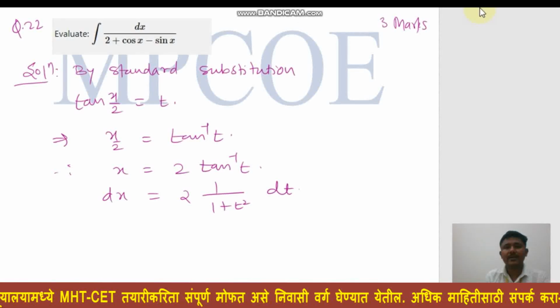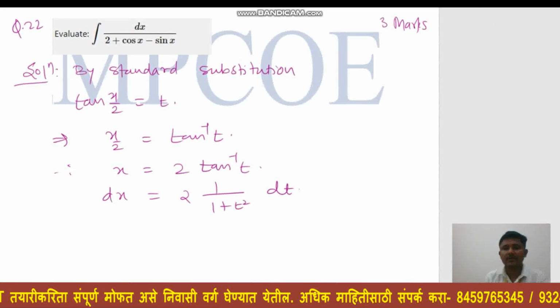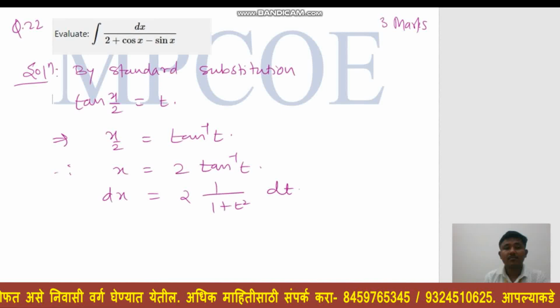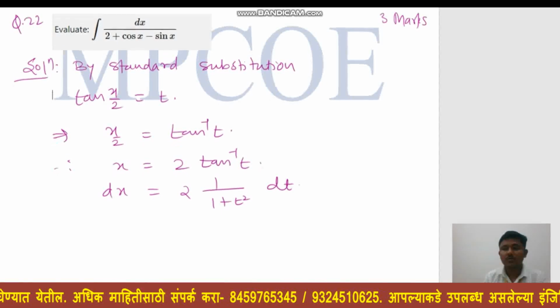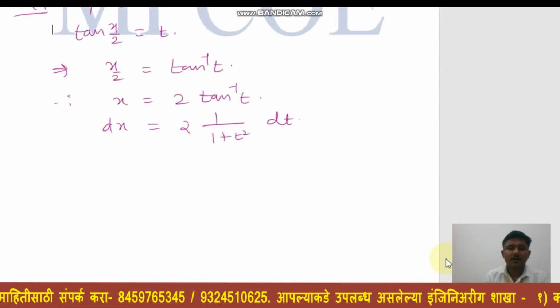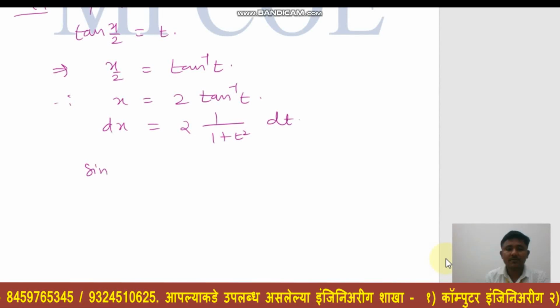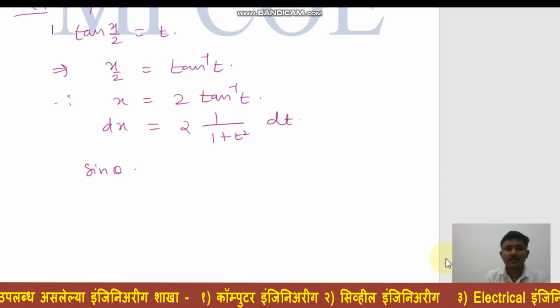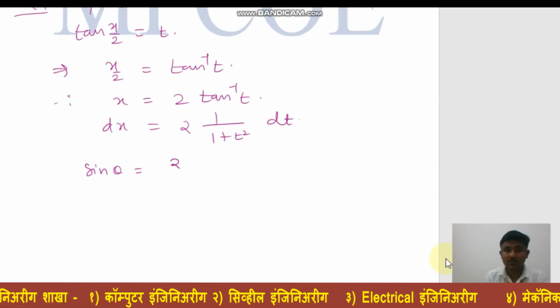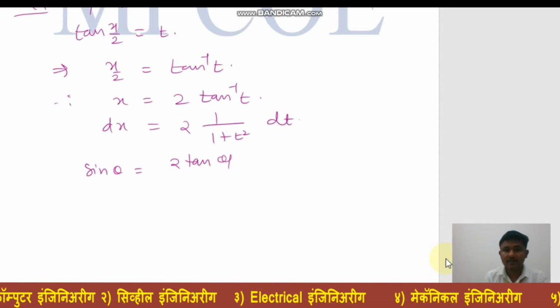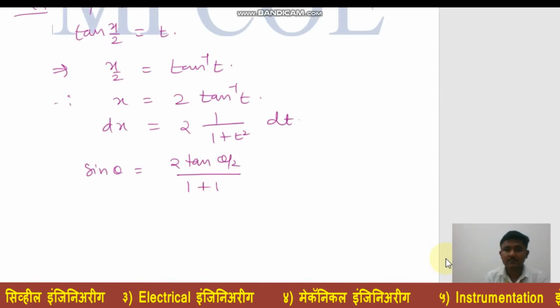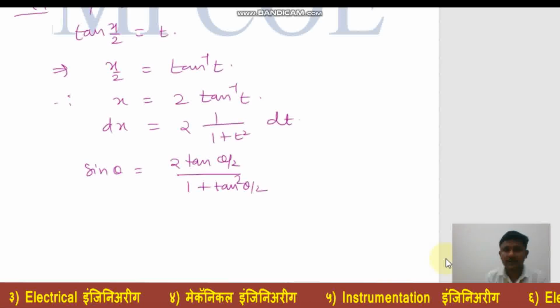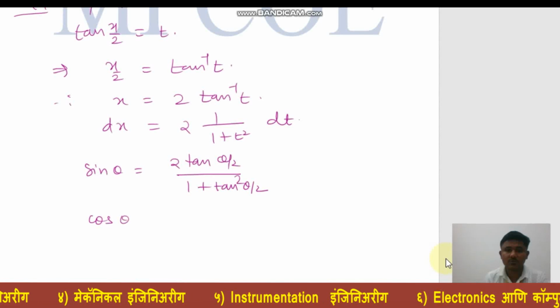For dx, we get the value of dx and we get the value of x also. And we know that sine of theta is equal to tan theta by 2 divided by 1 plus tan square theta by 2, and cos of theta is also known to us.